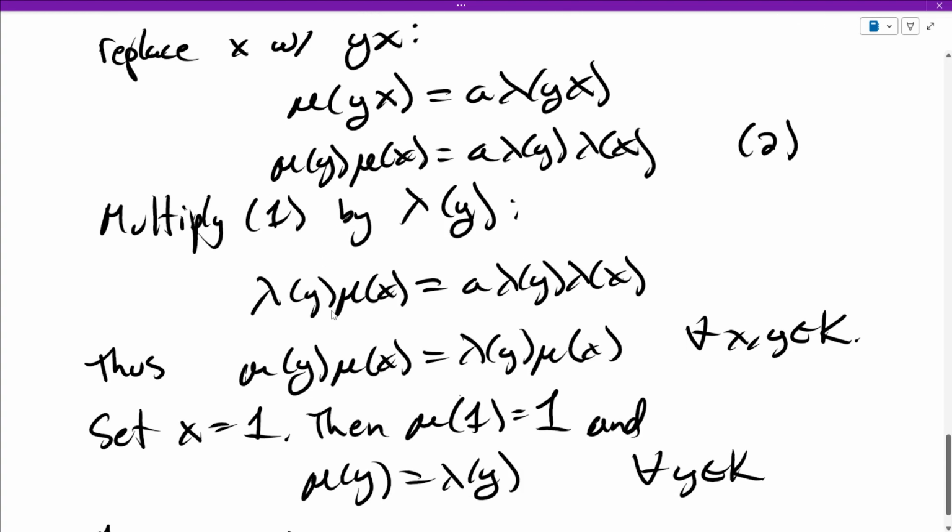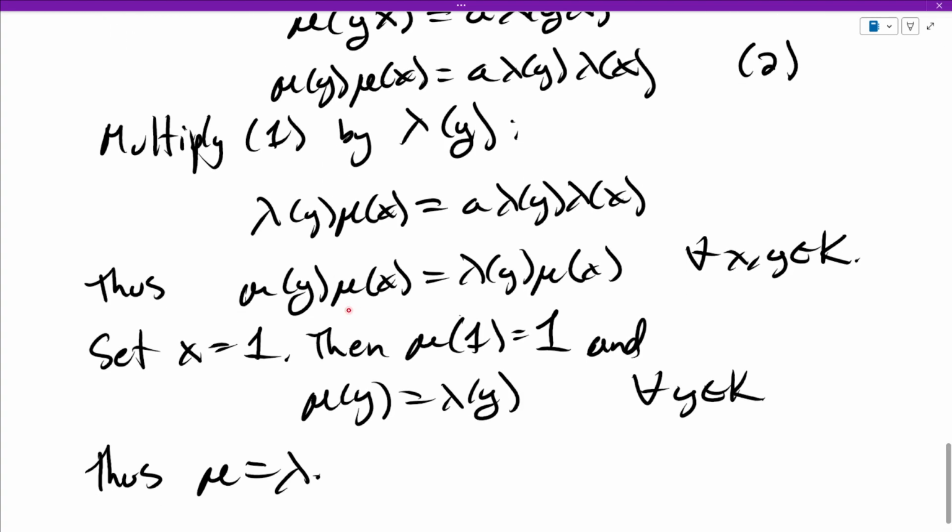We also use the field structure right here when we cancel the mu of x on both sides. So I'm just emphasizing it's very important that we are dealing with fields, and we are dealing with very specific functions, monomorphisms. It's not true in general for vector spaces without the field structure and the extra conditions on the function.